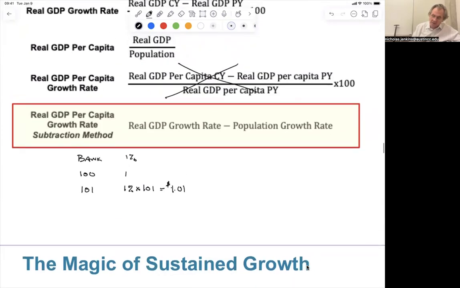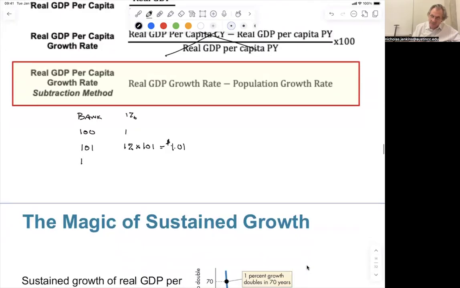So our new balance is $2.01. We call this the compounding effect.